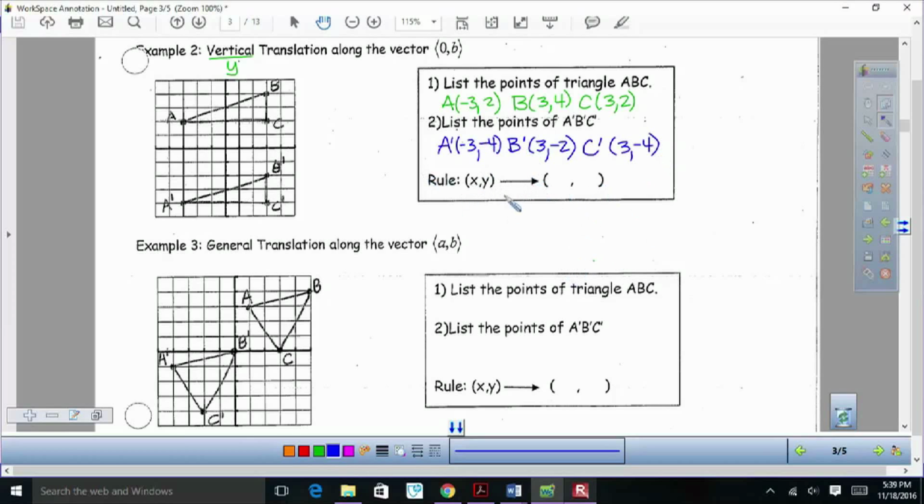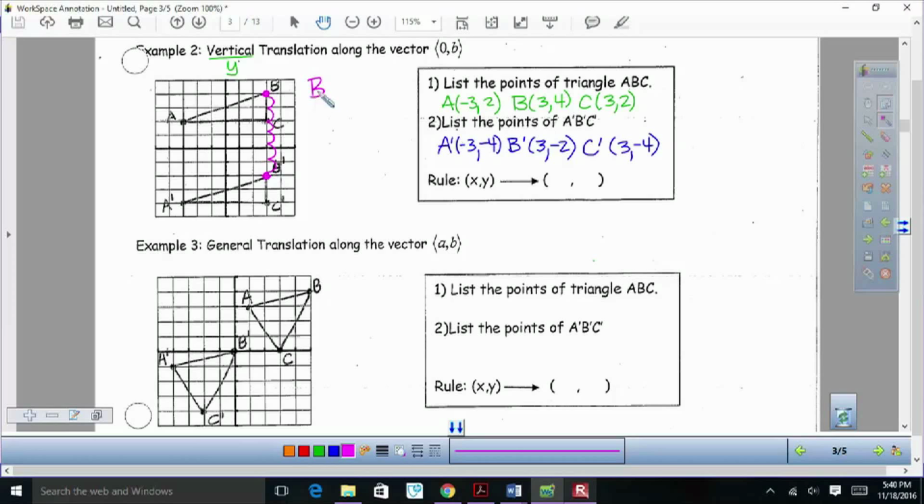To figure out what the rule is, I'm going to start with one of these original letters and see where it moved. This time I'm going to look at B and see how I go from B to B prime. If I start at B, it looks like I'm going down 1, 2, 3, 4, 5, 6.